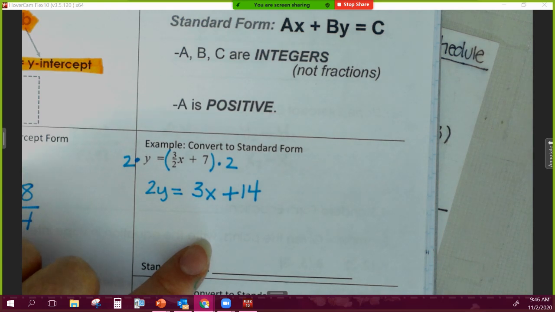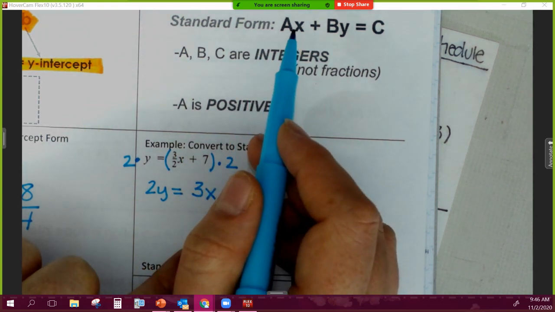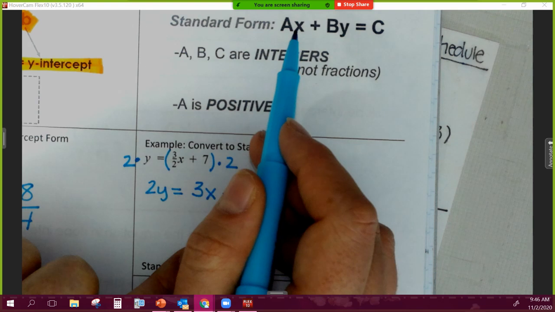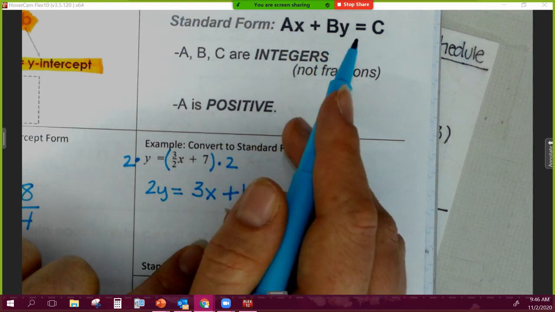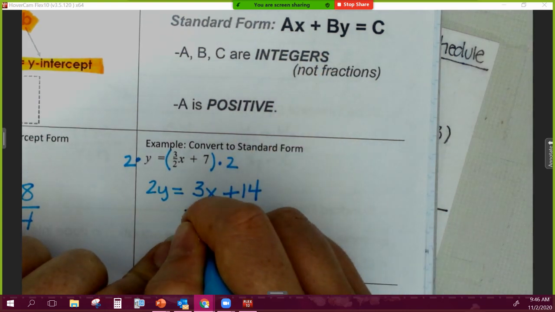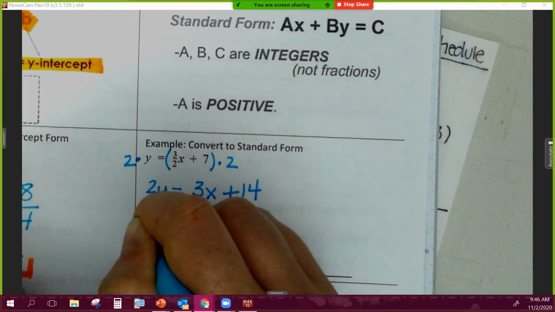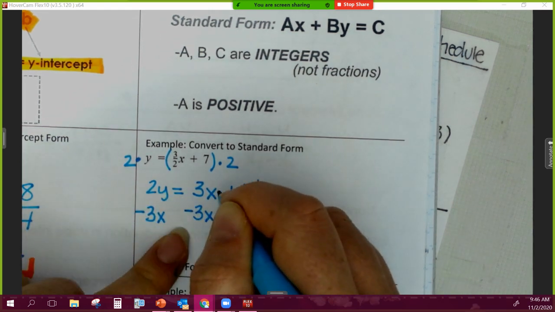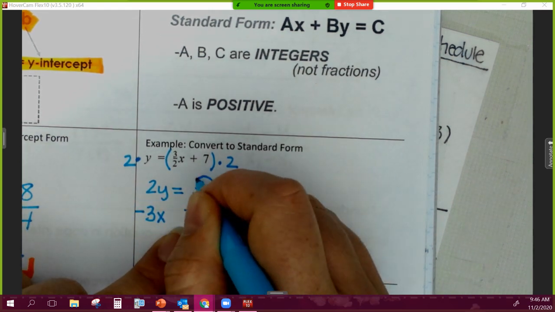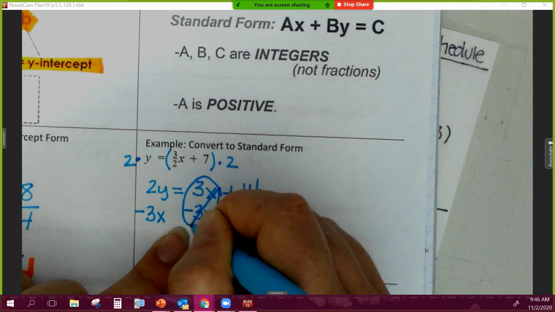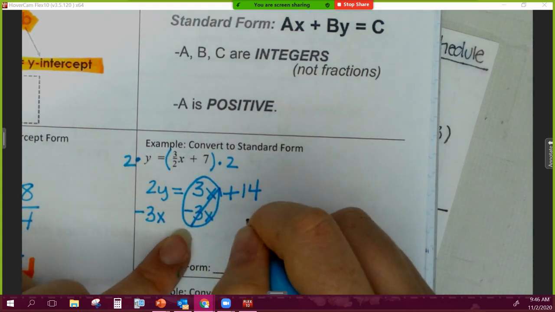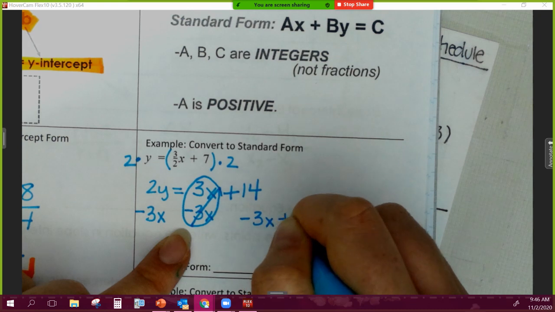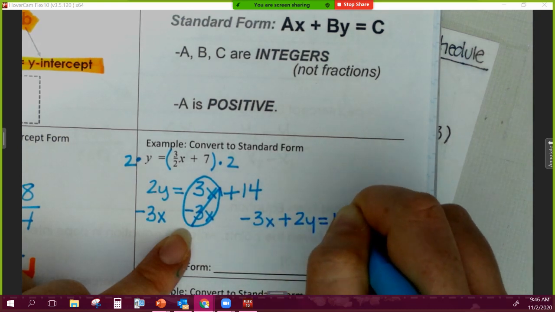The next thing I need to do is get my x term and my y term on the same side. So I'm going to move x over by subtracting. We have a positive 3x minus 3x, that becomes 0. So now we have negative 3x plus 2y is equal to 14.